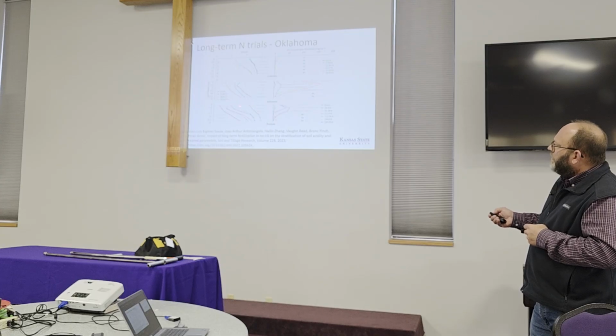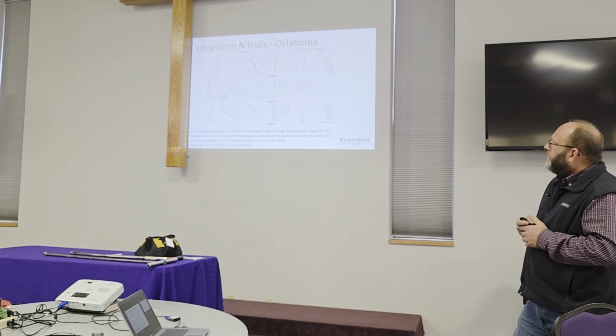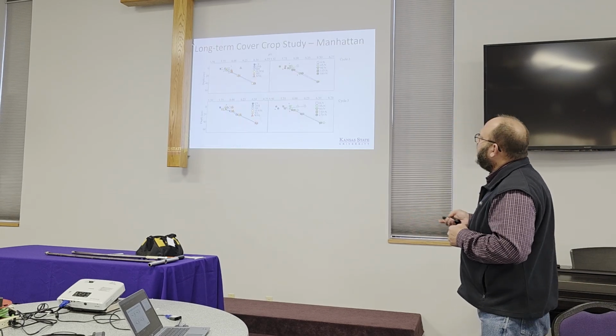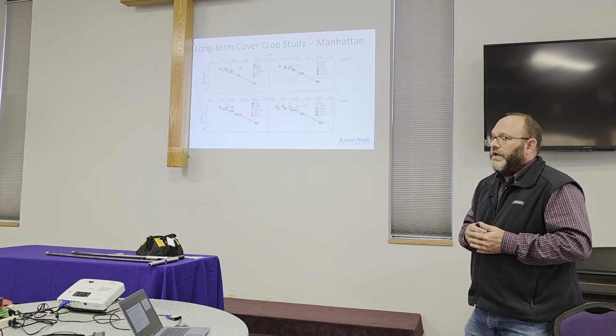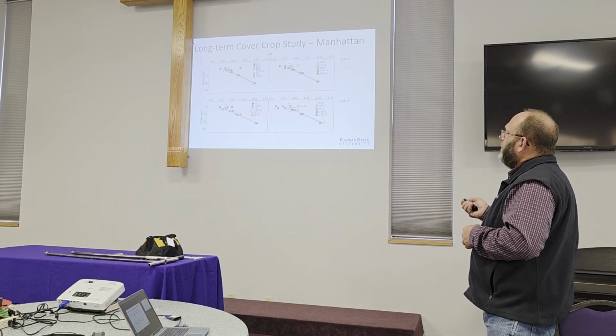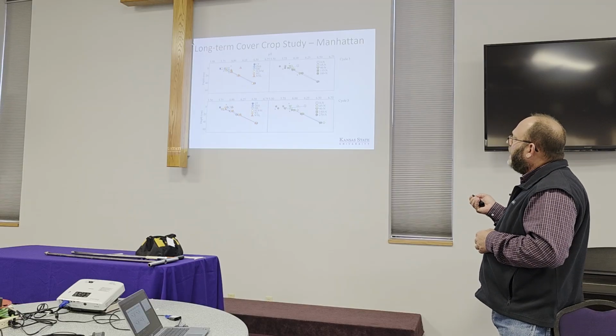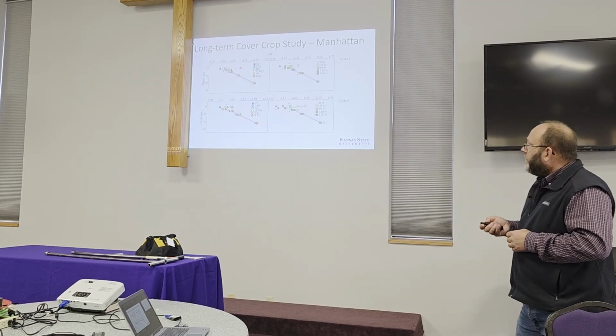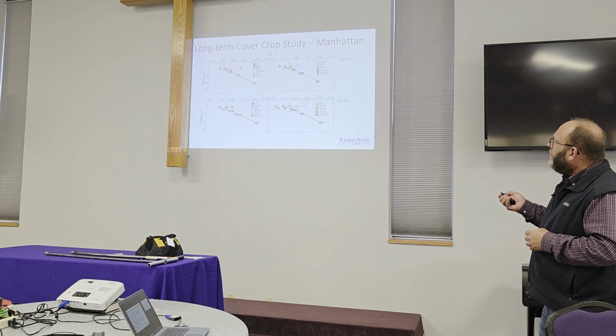And a similar trend is happening at Perkins. So this highlights that neighbors to the south are seeing this. We're seeing similar things across Kansas as well. This comes out of the long-term cover crop study in Manhattan that Craig Rosenboom started in 2007.